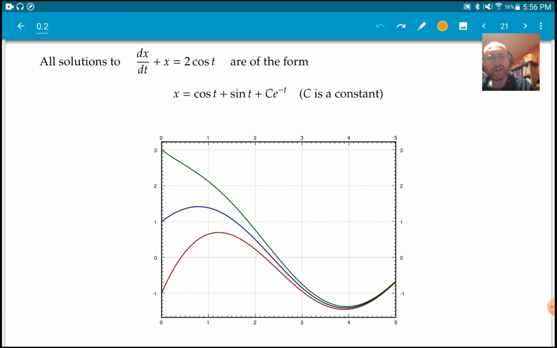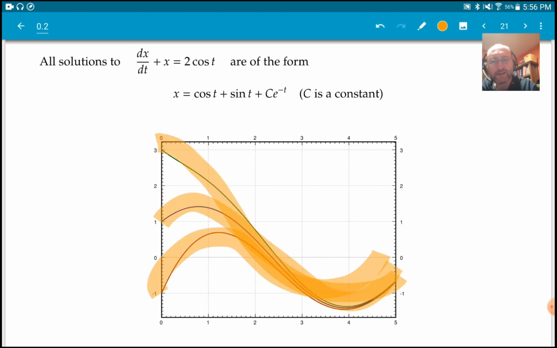Okay, here are some graphs of these solutions. Here, 3 particular solutions are graphed. They start at different points, and then you follow what this expression is telling you.